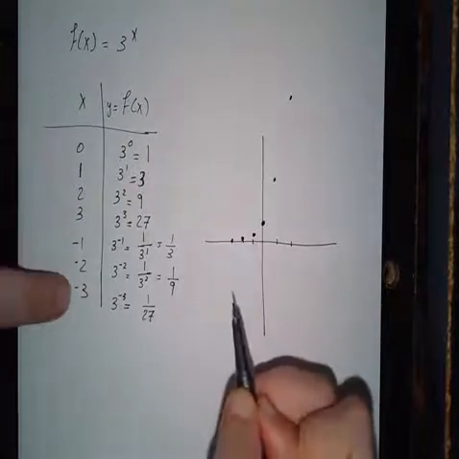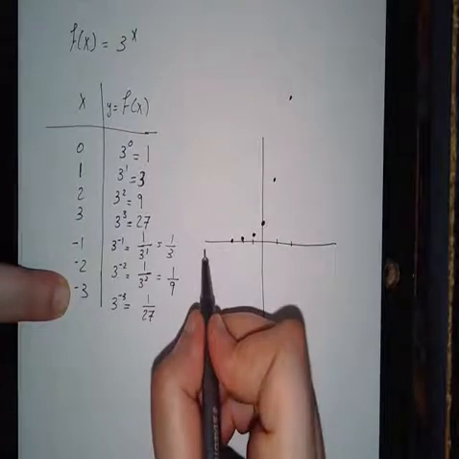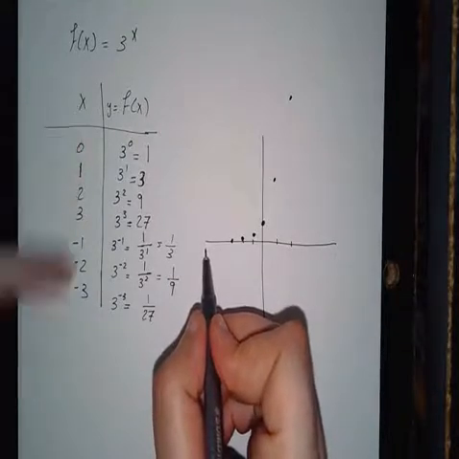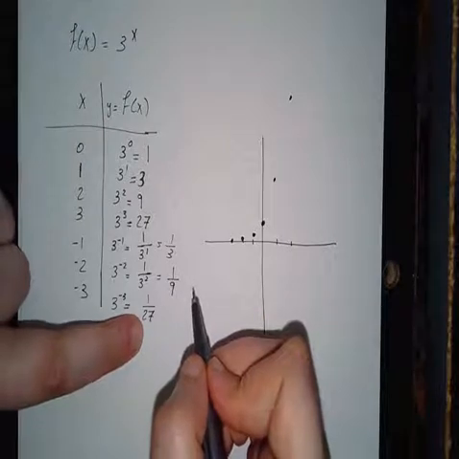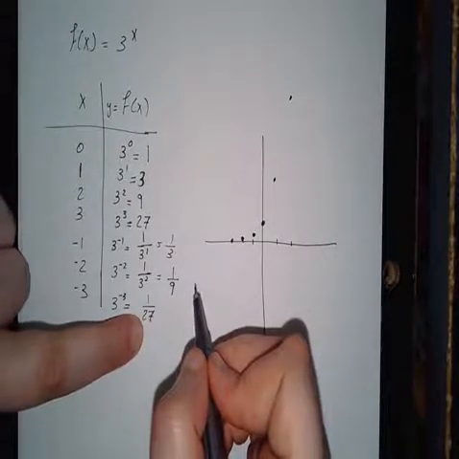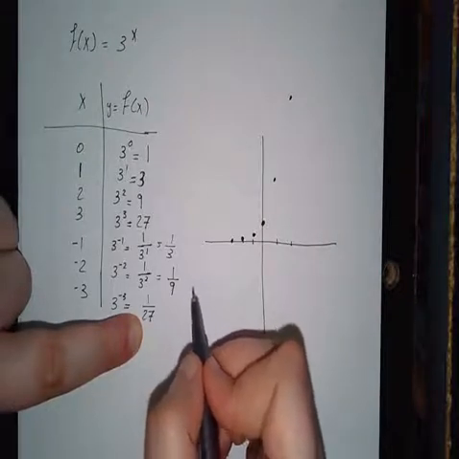Now notice, no matter how far you go down the x values in the negatives, the y is always going to be a positive fraction. And it's just going to keep getting smaller and smaller, approaching 0, but never quite actually getting there.